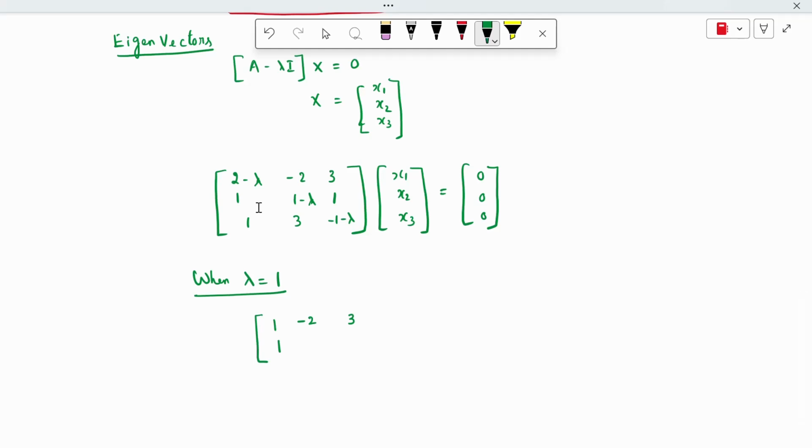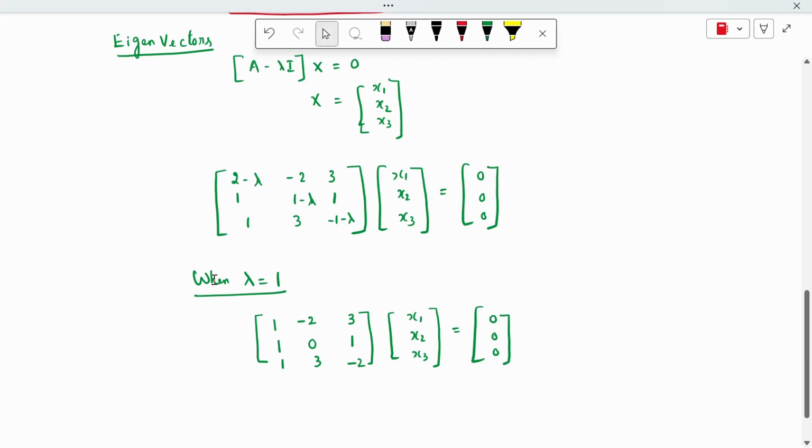Then 1, third equation 1, 3, so minus 2, into x1, x2, x3 equal to 0, 0, 0. Write this in terms of equation format, 3 different equations.